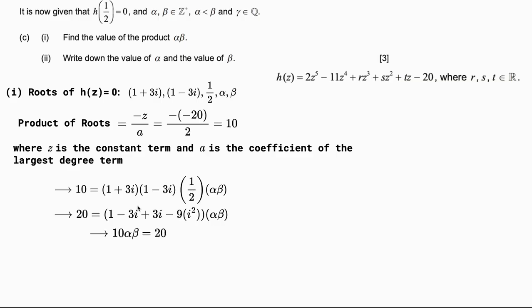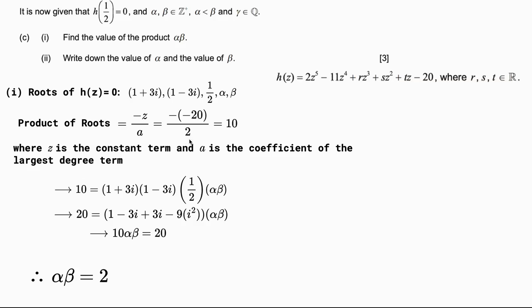And then this cancels out, negative 3i plus 3i, and then i squared is negative 1. Negative 1 times negative 9 is just positive 9, and then we add this 9 with 1, giving us 10. So then we get 10 alpha times beta is equal to 20, and then we can divide both sides by 10 to isolate alpha times beta, which gives us alpha times beta is equal to 2.